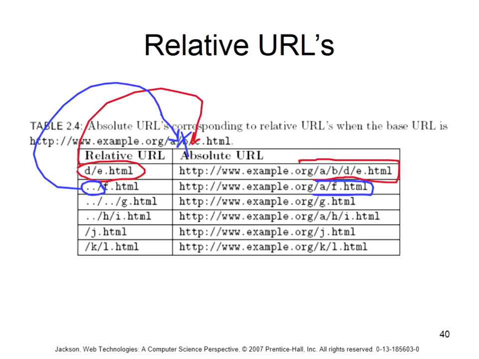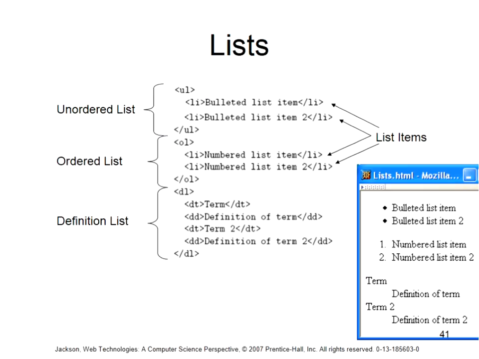For example, if we write double dot like this, that means we will be placed here, and we will obtain g.html. It's clear? Any questions? Are you here?